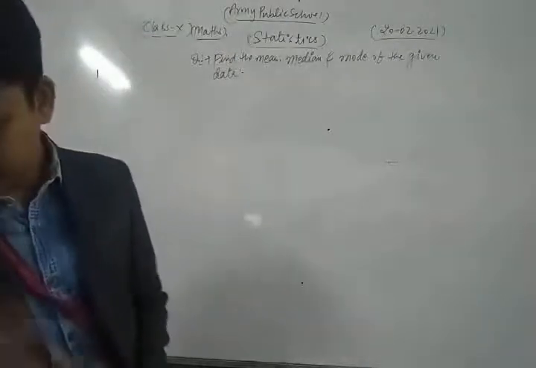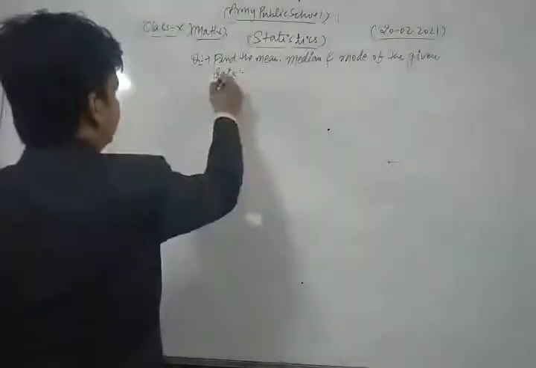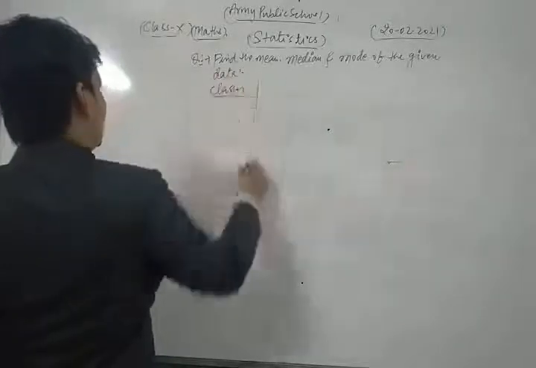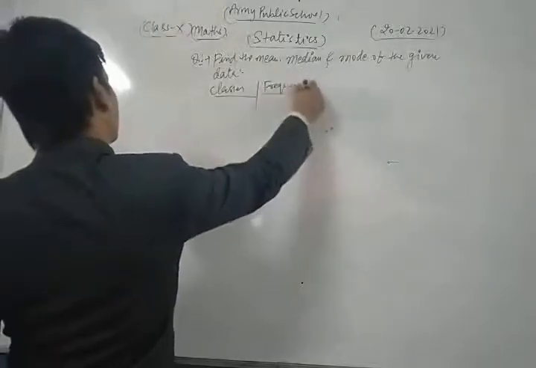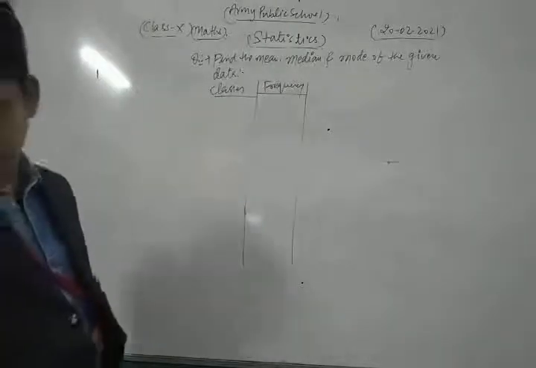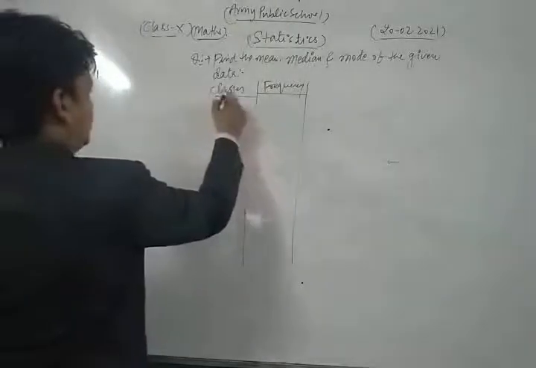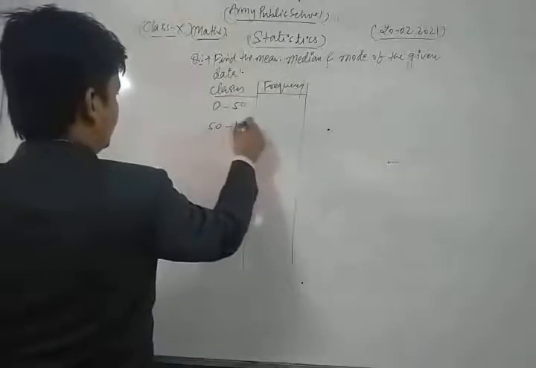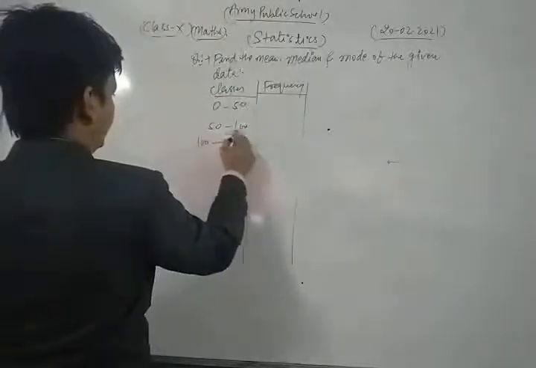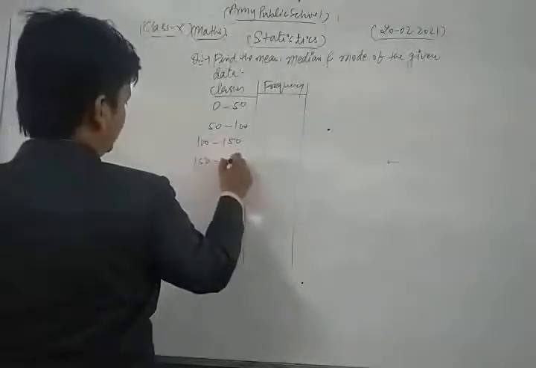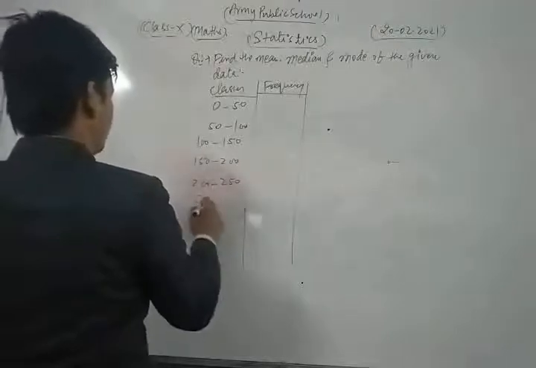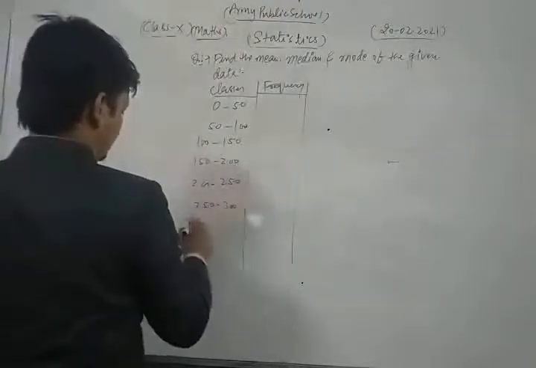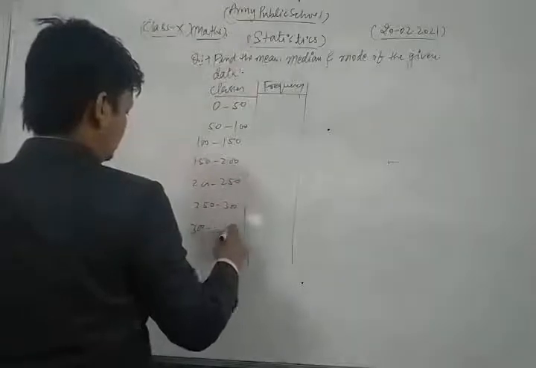Let's see. Classes: 0 to 50, 50 to 100, 100 to 150, 150 to 200, 200 to 250, 250 to 300, 300 to 350.